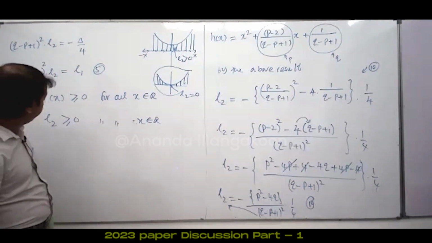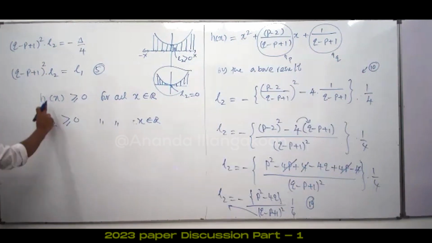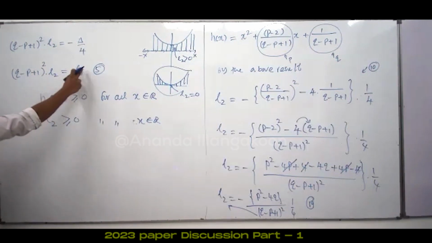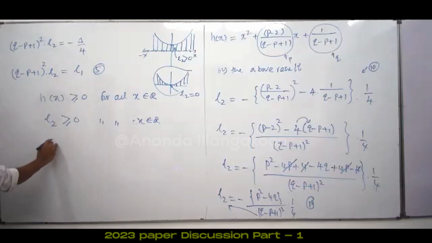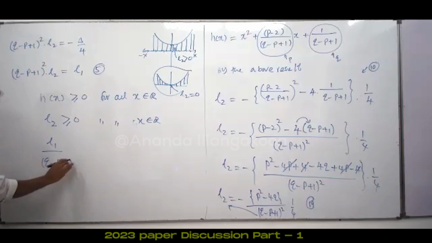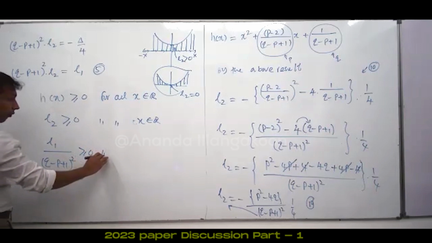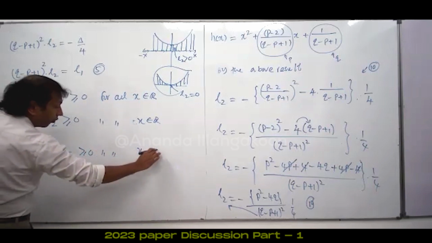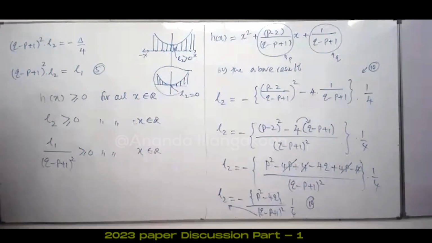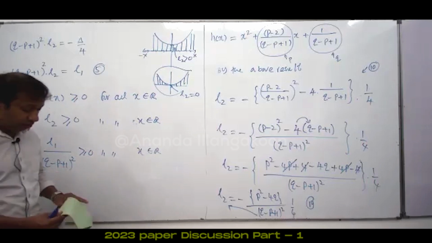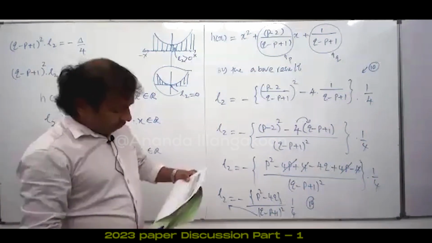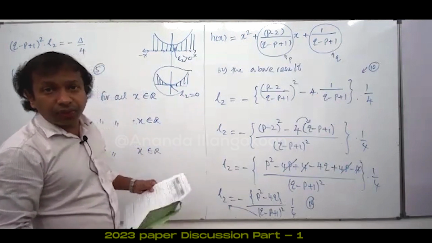Okay. Right now. But L2, we can substitute by this. What is that? L1 upon this, Q minus p plus 1 perfect square, greater than or equal to 0 for all real values of x. You know, people, this is perfect square positive. We proved this is not equal to 0. At the very beginning of this question, we are given q minus p plus 1 not equal to 0.